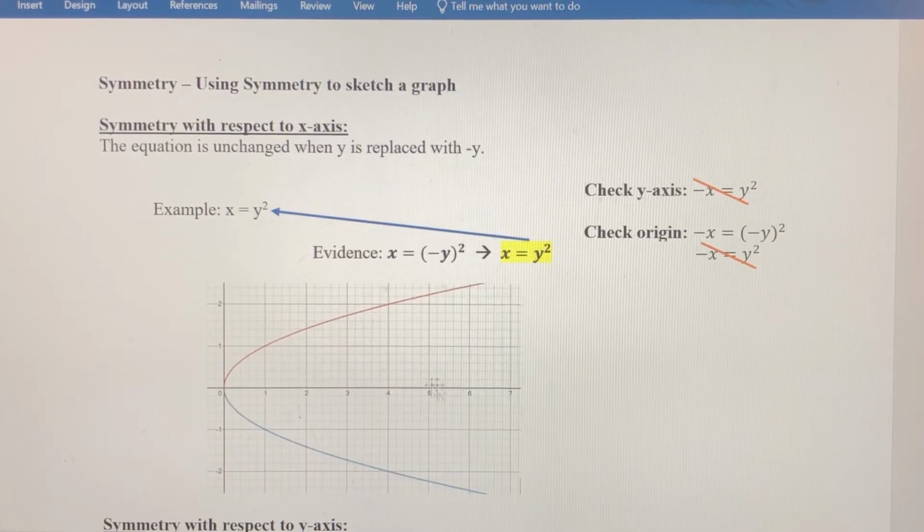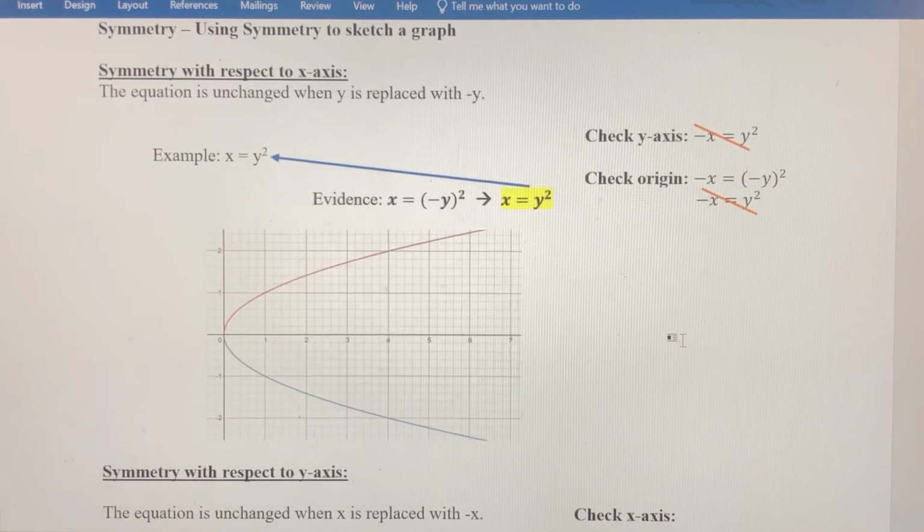You can see that for every point below the x-axis, there's a mirror image point above the x-axis. So if I know one ordered pair, I'm able to use symmetry to find the other ordered pair. We'll talk more about using symmetry to graph in a subsequent video. You can see visually that this graph has x-axis symmetry.